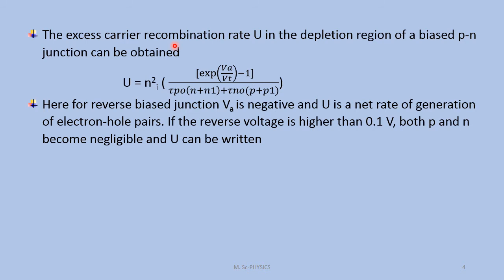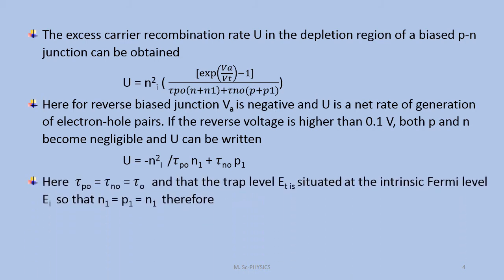Here, for a reverse biased junction, Va, the applied voltage, is negative and the excess carrier recombination rate U is a net rate of generation of electron hole pairs. If the reverse voltage is higher than 0.1 volt, both p and n become negligible and U can be written as U equal to minus ni squared divided by tau p0 n1 plus tau n0 p1.